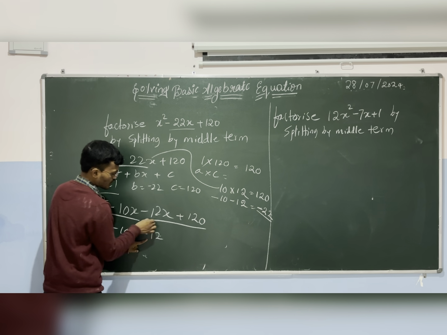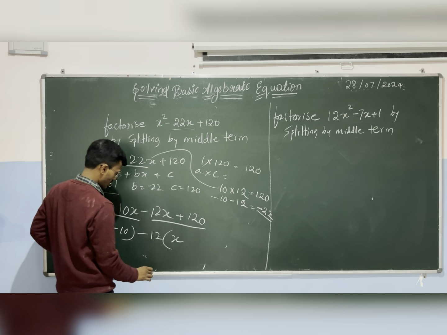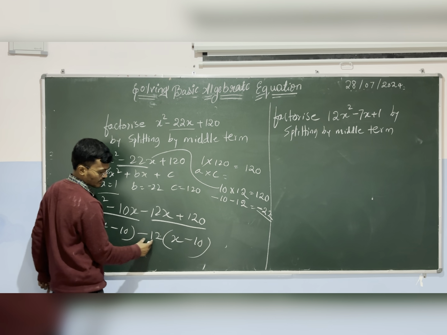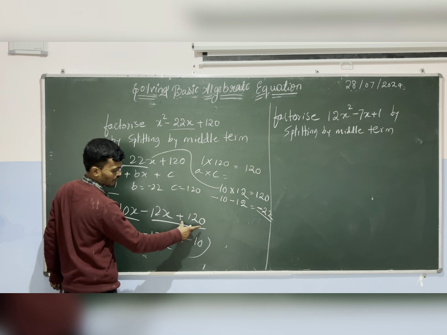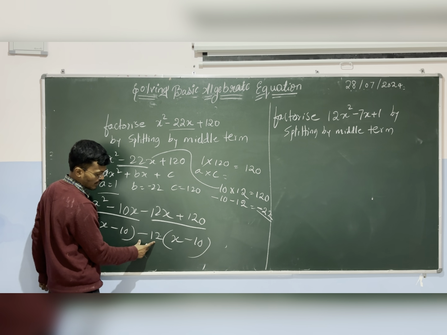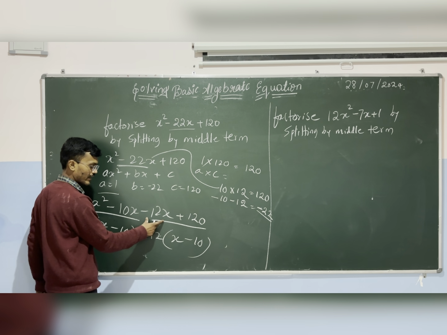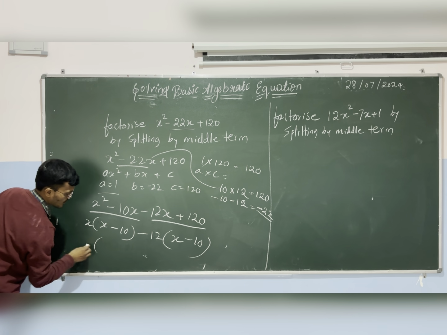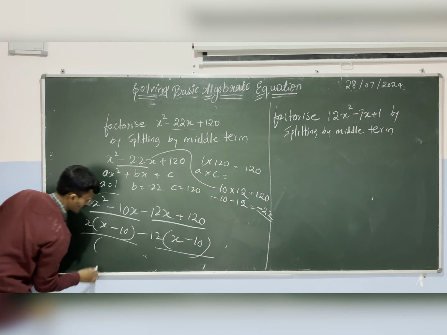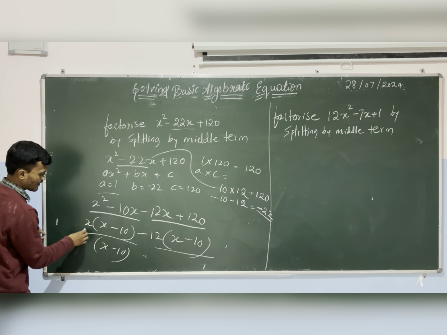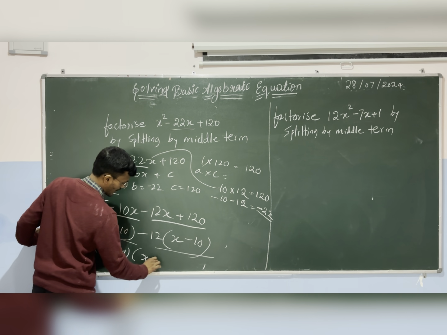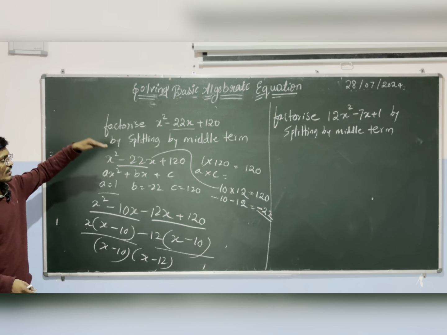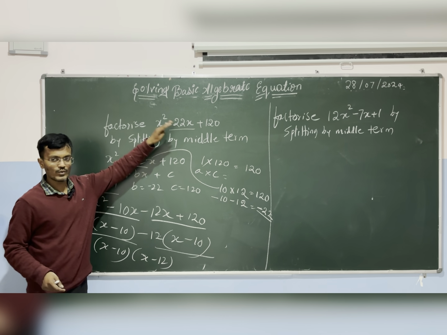Minus 12 is common among the next two terms: minus 12 into x is minus 12x, and minus 12 into minus 10 is plus 120. On both sides (x minus 10) is common, and the remaining is (x minus 12). So these are the factors, using the middle term minus 22x.